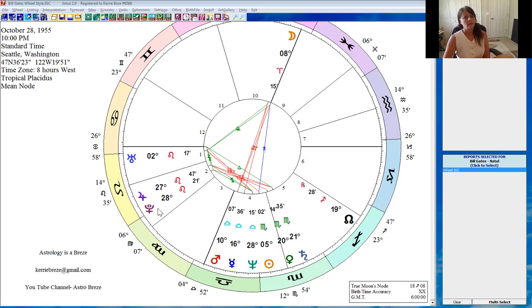Look at this. Here we have Pluto next to Jupiter. So he's transformed something into big money, and in a big way. I mean, Microsoft is part of everybody's daily life, and that's in his 2nd house. So there is the big stuff, and then it's up here in who he is. Whatever is going on, we've got a big 10th house, a big 4th house.